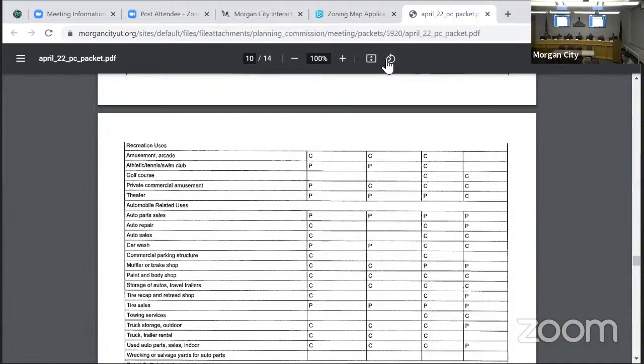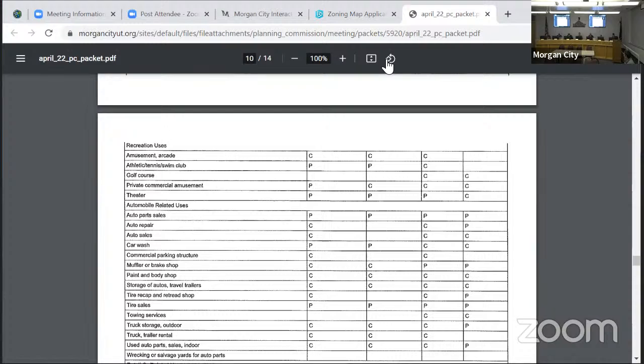And each one of these, of course, references a definition. So maybe at the same time, if the city's going to be updating the land use table, also update the definitions to go with it. There may even be some new ones we want to add, just new business types, things that are more 21st century that are happening, to add or be aware of.